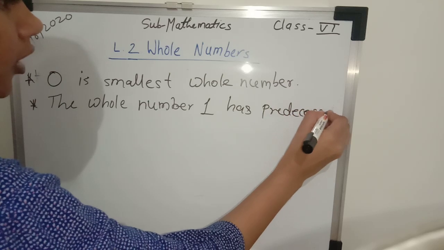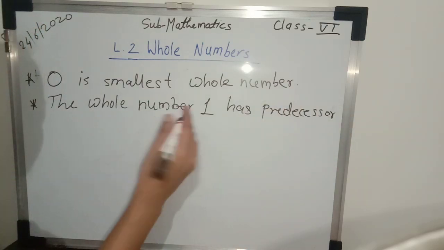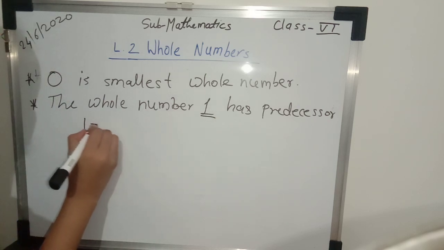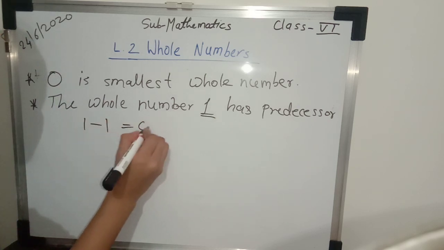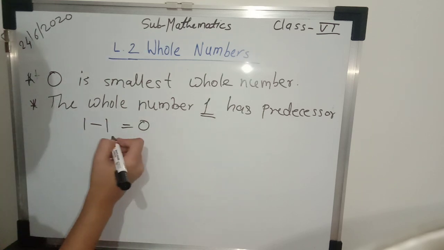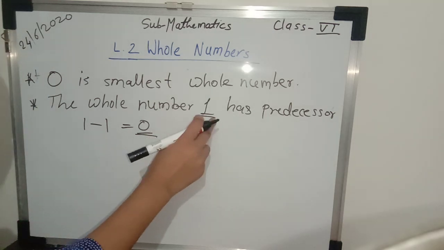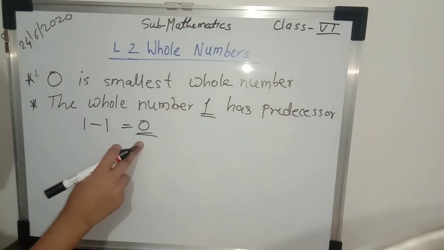Predecessor means what? If we minus 1 from any number, we get the before number. So 1 minus 1 is equal to 0, and in whole numbers 0 is there, which means the predecessor of 1 is 0. So the whole number 1 has a predecessor, that is 0.